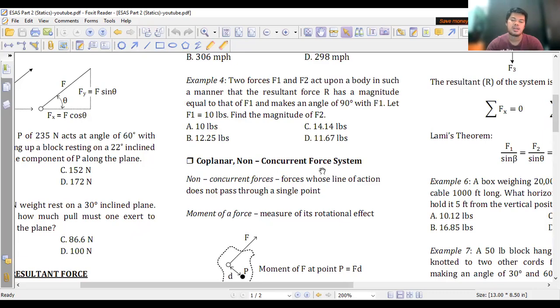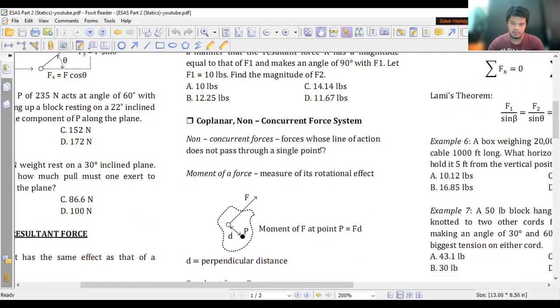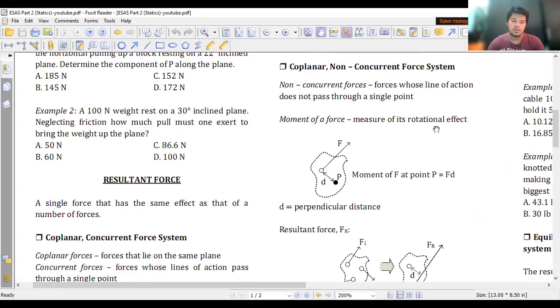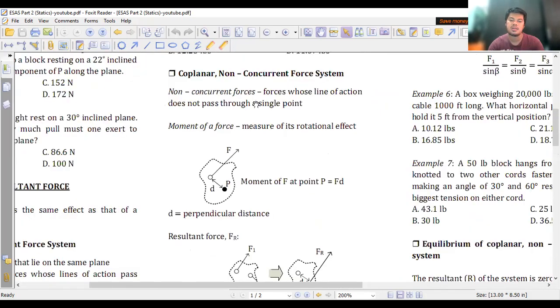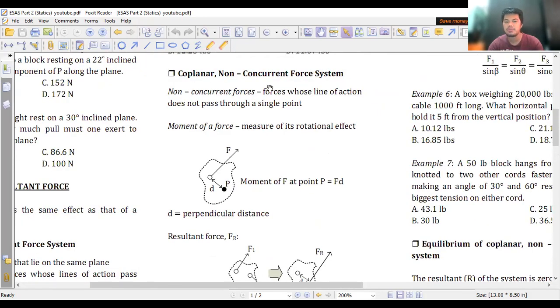So for a non-concurrent force system, we expect forces that do not have a common point of intersection. We will be focusing our attention first on the coplanar concurrent force system, and later on we will shift to the coplanar non-concurrent force system.